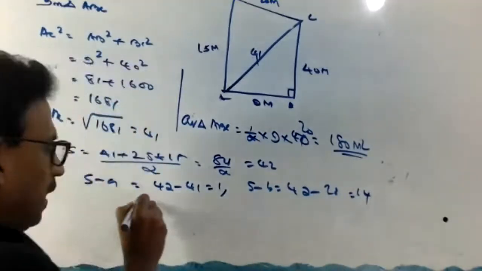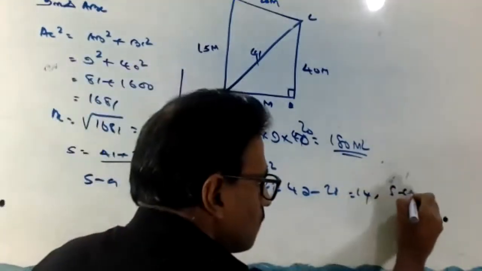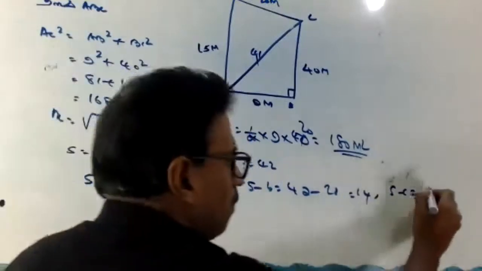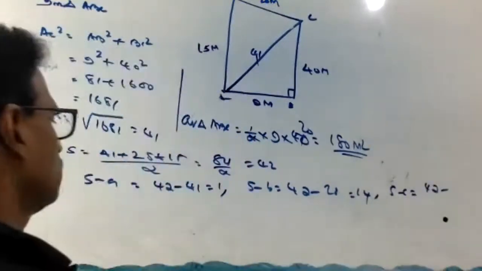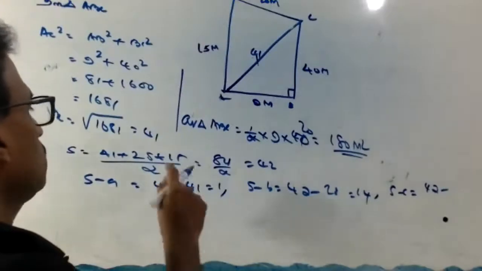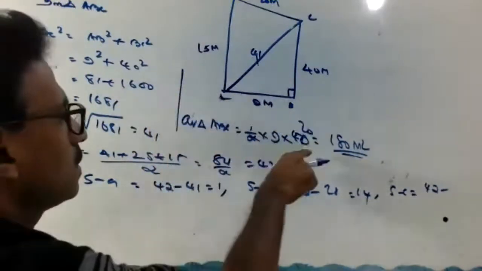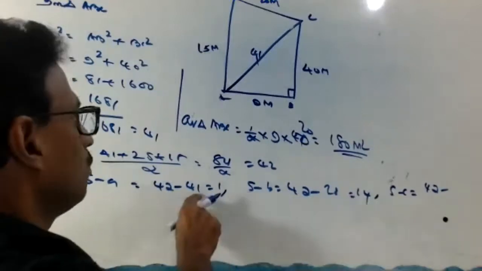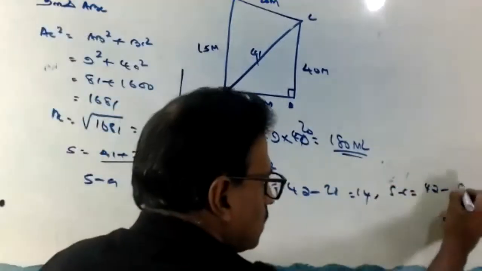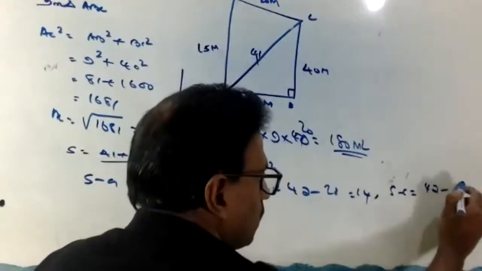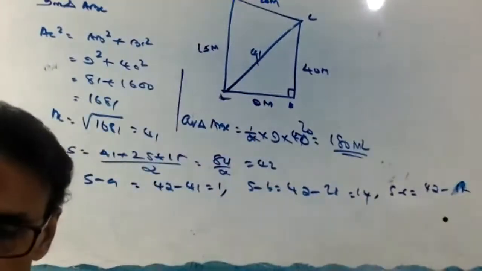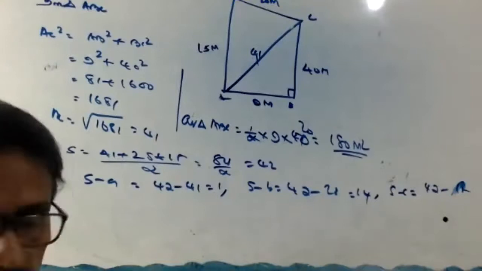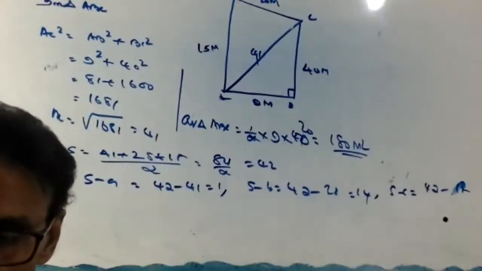Then, S minus C. 42 minus C, how much? C is 15, not 9. How much is S minus C? 42 minus 15, how much? 27.